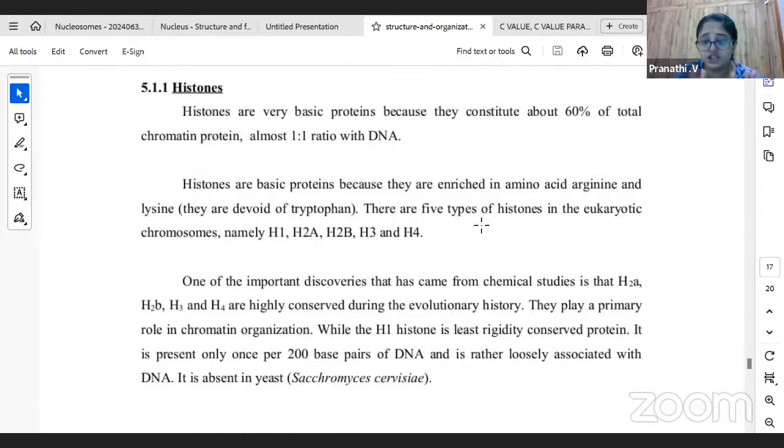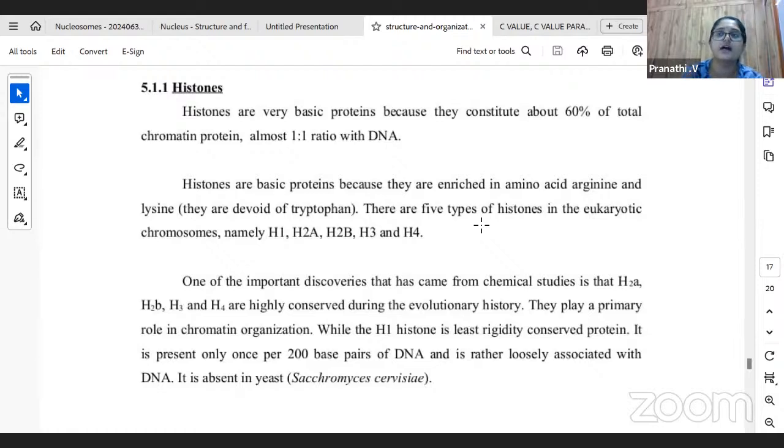Throughout evolutionary history, H2A, H2B, H3, and H4 have not seen much change. If you take any eukaryotic H2A, H2B, H3, H4, they are extremely similar, if not the same.